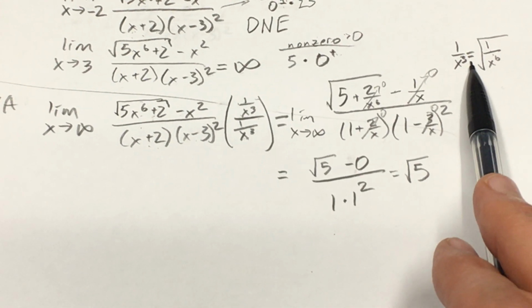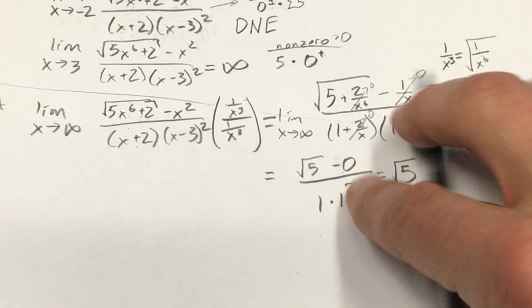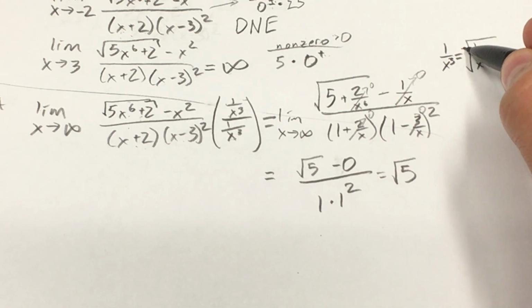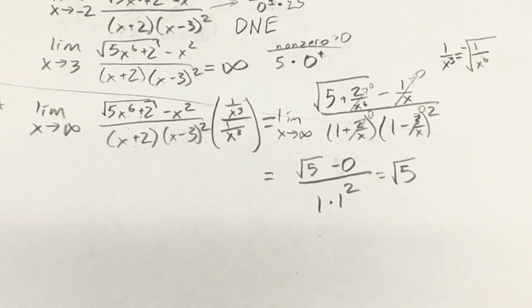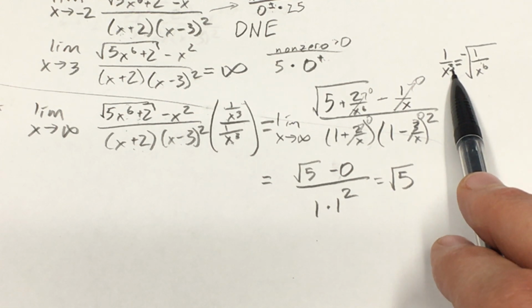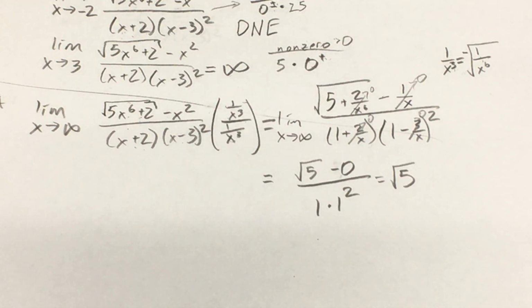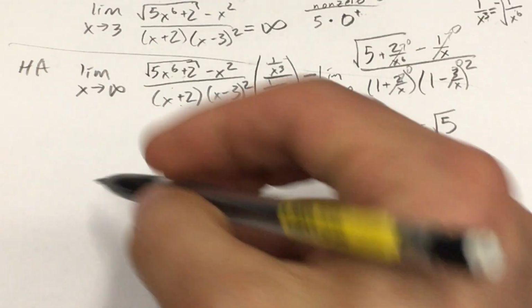So is this still true if you have negative x? No, it's actually this, isn't it? So think about that. 1 over negative 10 cubed is negative 1/1000th. Well, that might just throw a monkey wrench in our plans.